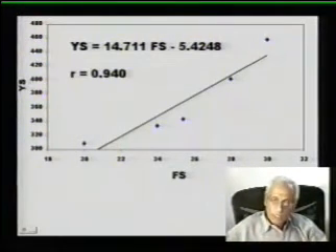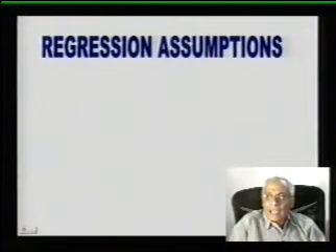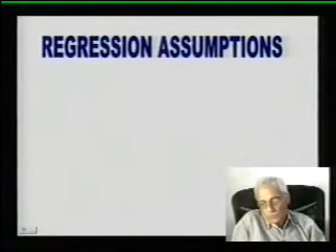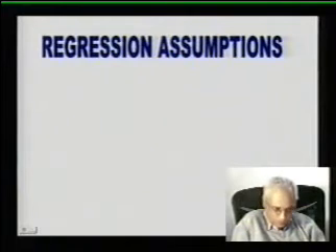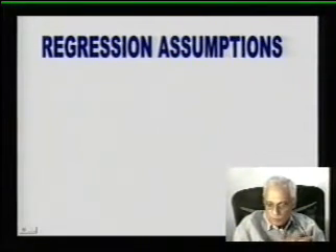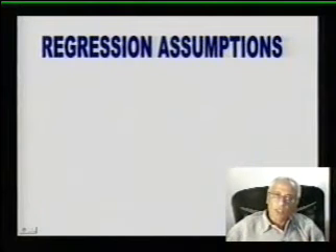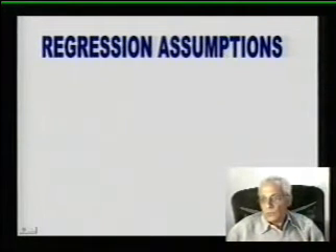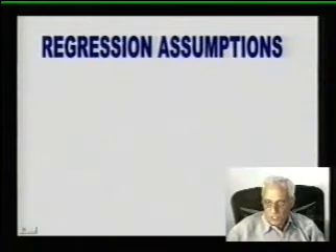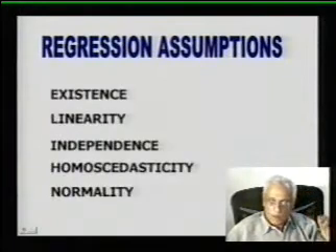Okay. Let's now look at some of the important issues associated with regression. These are the regression assumptions. These assumptions are very well known to many people who have dealt with regression in the past.